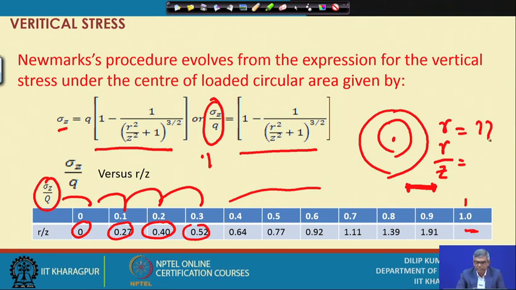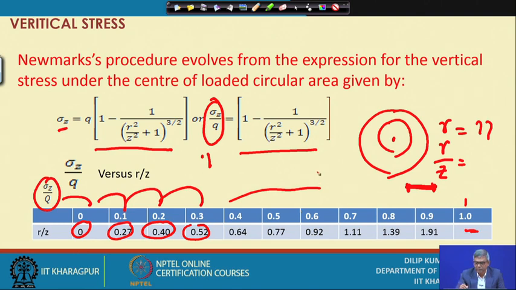If I keep Z constant throughout, Z is actually 2, then for different intensities I will get different r. What is the meaning of it?